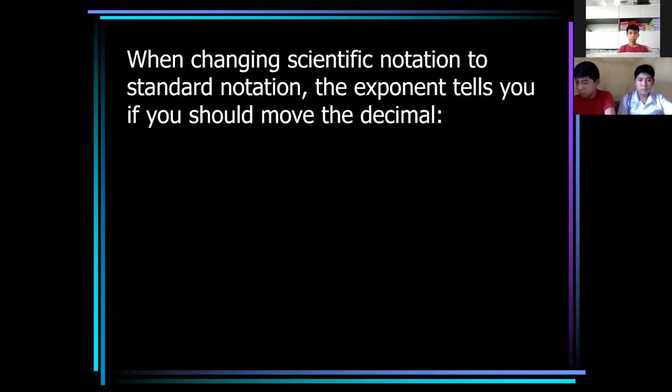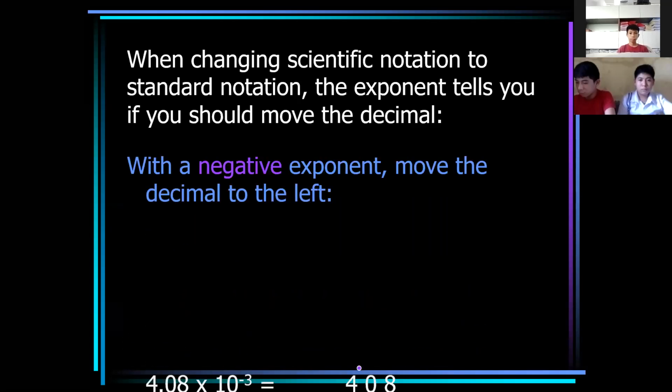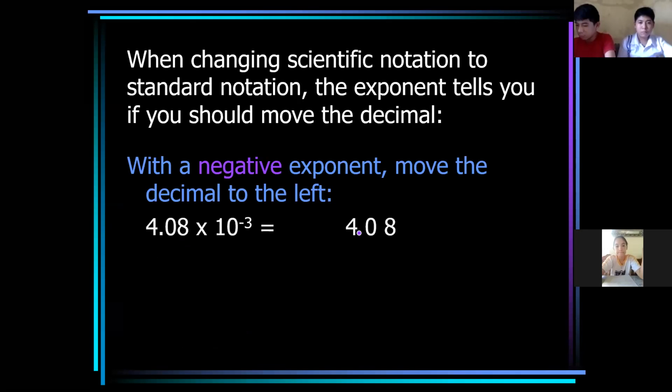What about if it's a negative exponent class? Here, 4.08 times 10 to the power of negative 3. Since the exponent is negative, we now move the decimal point to the left. Negative exponent, move it to the left. So we have now 1, 2, 3.